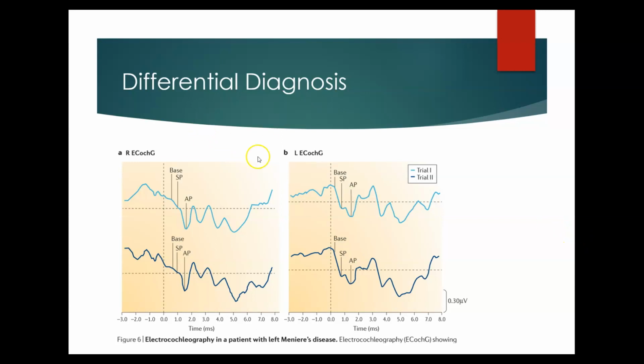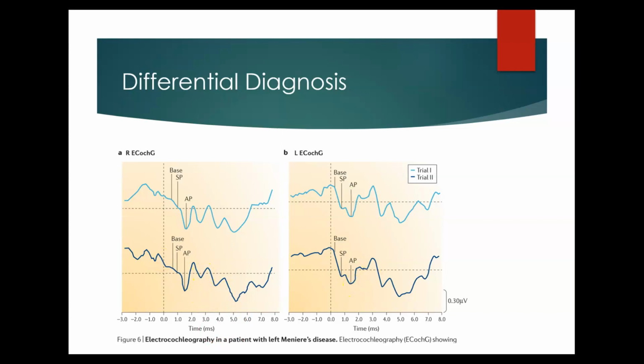Okay, so these are the 2 recordings of the differential diagnosis for Meniere's disease. We always do a 2 trial run. In order for the results to be accurate, we have to have a certain degree of repeatability.